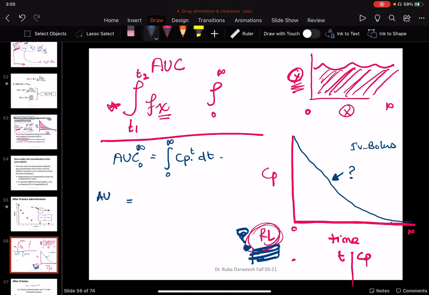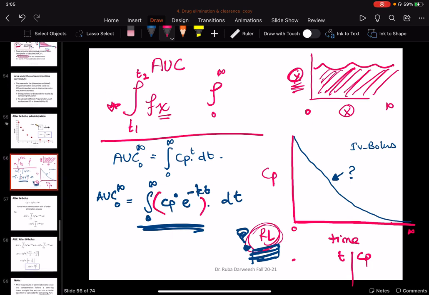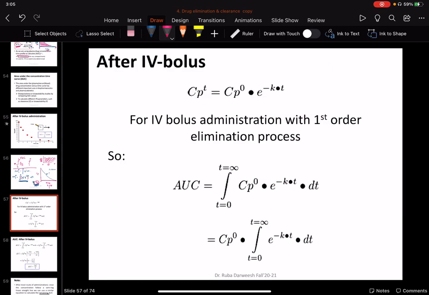This would be the integration from 0 to infinity of CB naught times the exponent, dt. So we need to do the integration of the equation that we already used for our model equation.